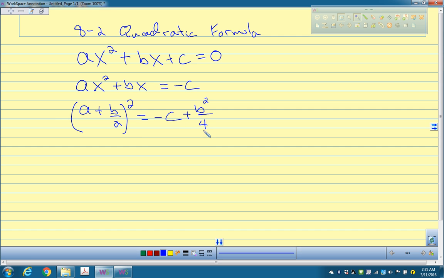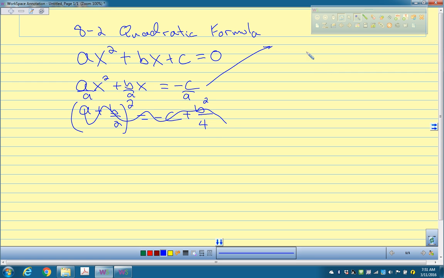Wait a minute. What did I do? That's right. Where's the a go? I messed up. First I have to divide everything by a, to get that coefficient by itself. Don't ignore that part, okay?